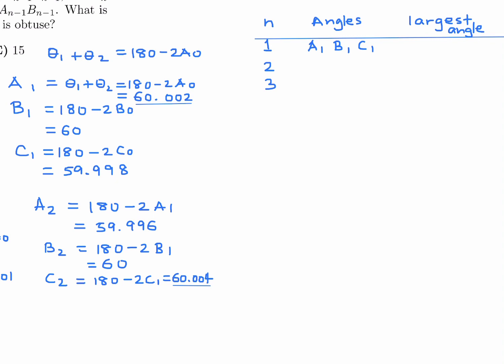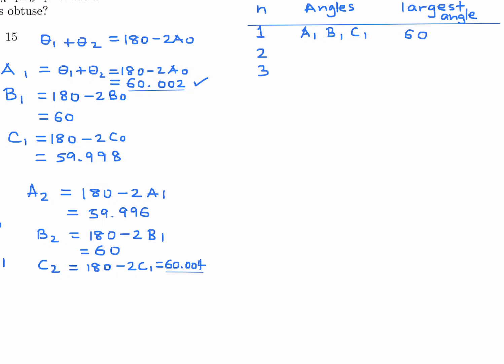So let's see. For when n is 1, the largest angle was this guy, 60.002. When n is 2, we have A2, B2, and C2. And as we calculated here, the largest was this guy, 60.004. And it looks like it's doubling.